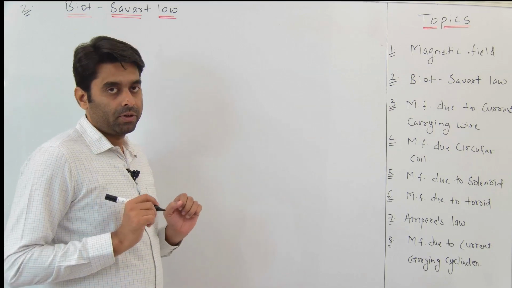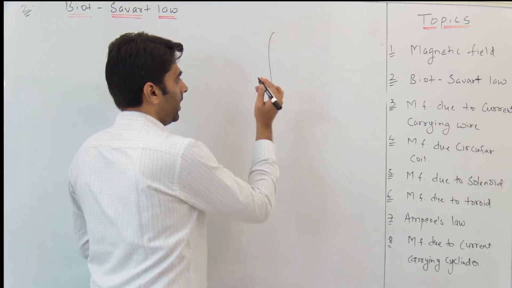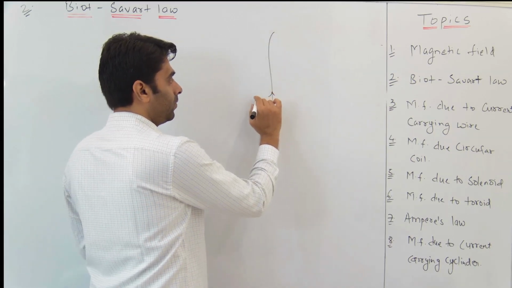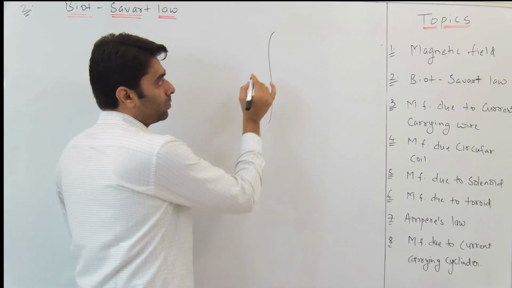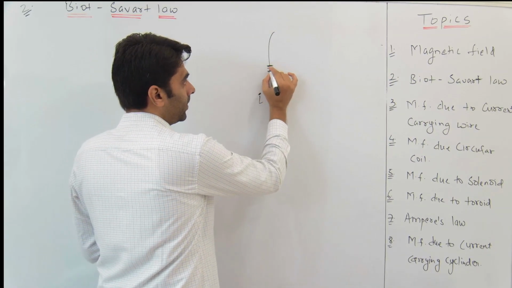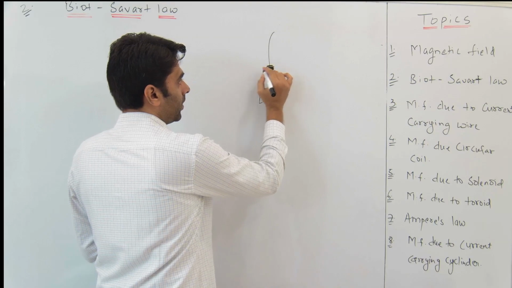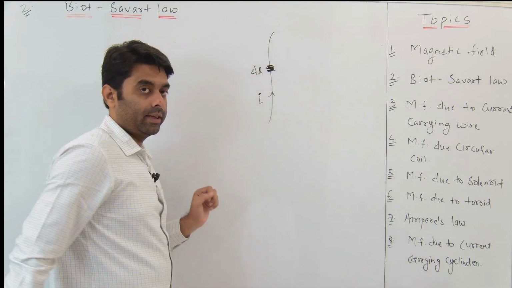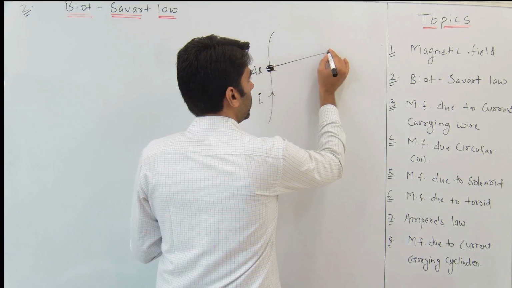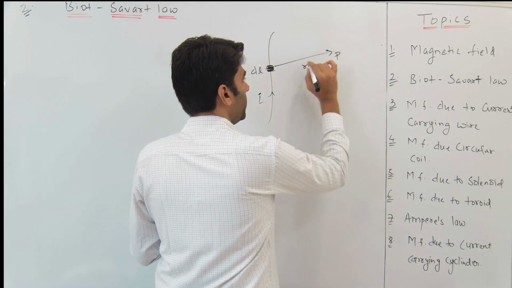What does Biot-Savart law say? Let's consider a wire through which current I is flowing, and we consider a small element of length dl. At a distance of r, a point P is present.